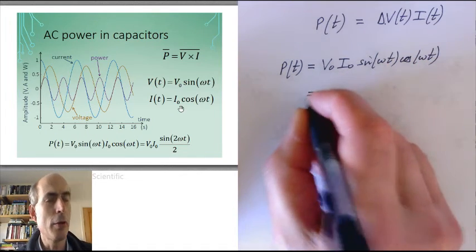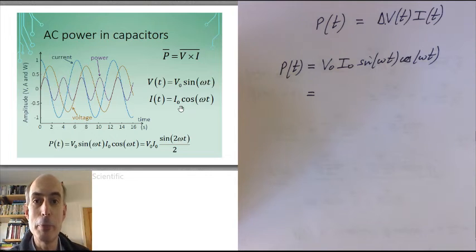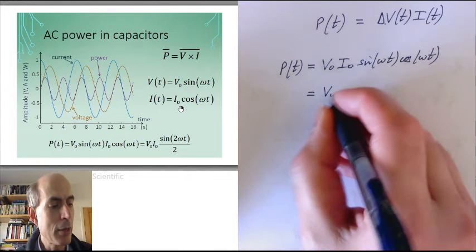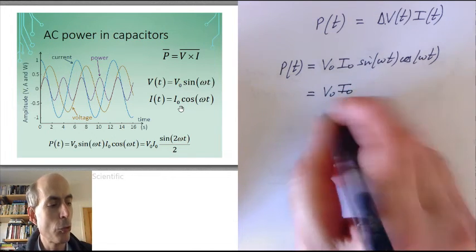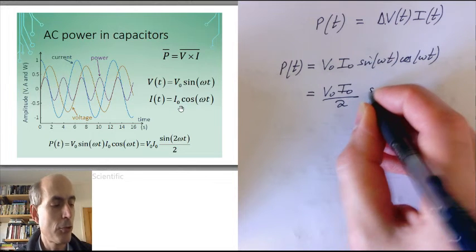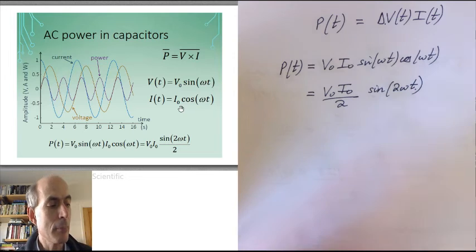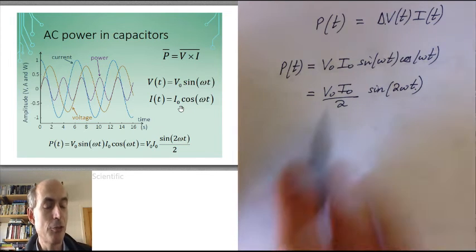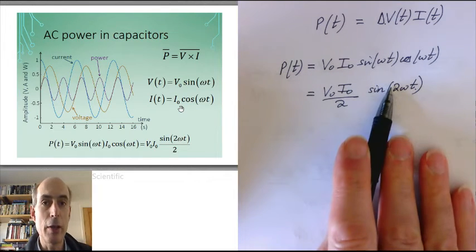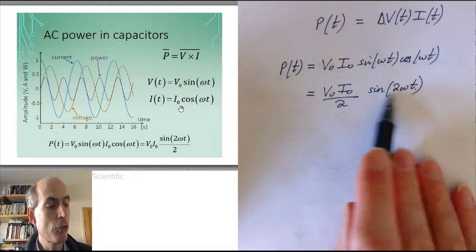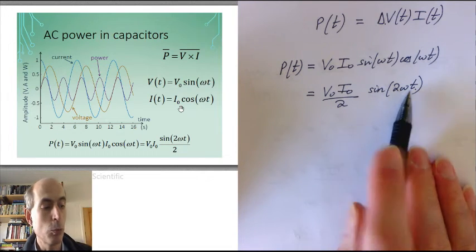And using another one of those useful standard trigonometrical identities, I can write that as V0 I0 over 2 times sine of 2 omega t. The average value of that is 0, but the maximum value occurs when sine of 2 omega t equals 1.